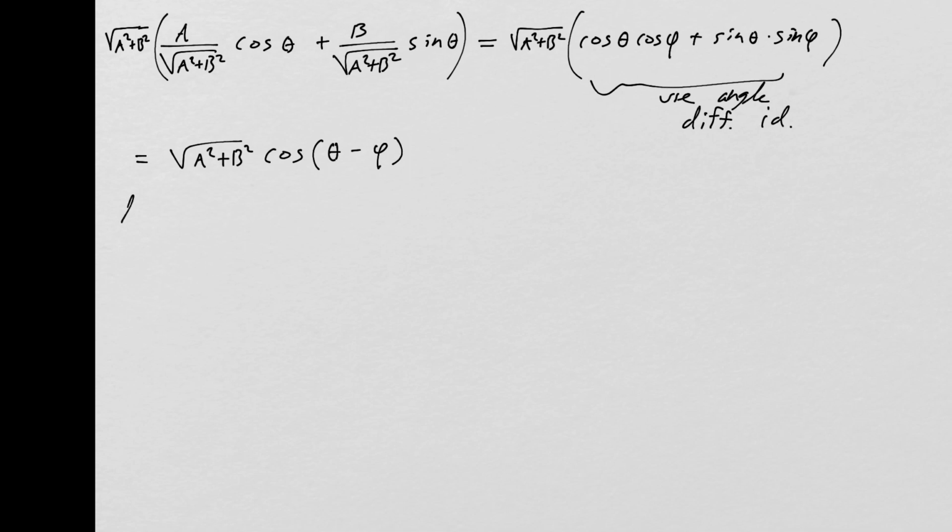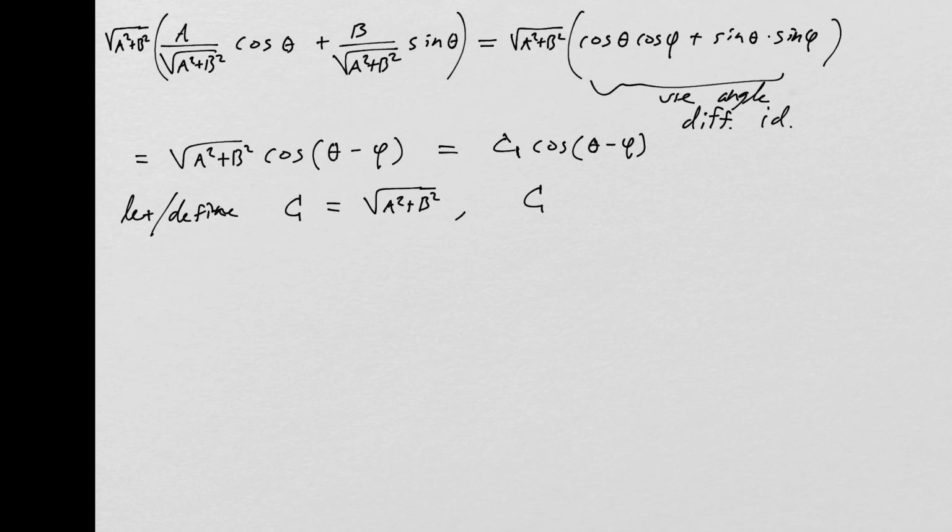And then, of course, we can define our constant c to be equal to the square root of a squared plus b squared, and we can get the following. I'll just write it up here. There's my c times cosine of theta minus phi. Okay, so there we go.